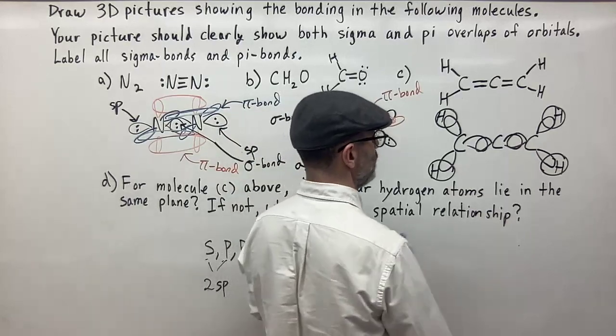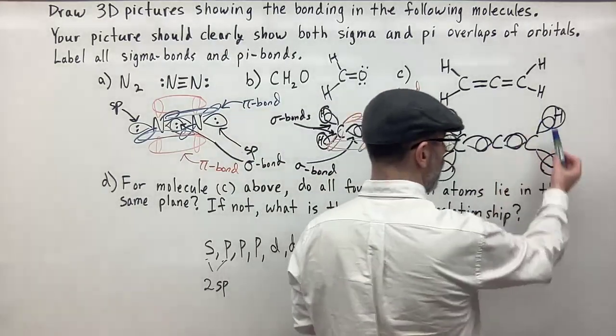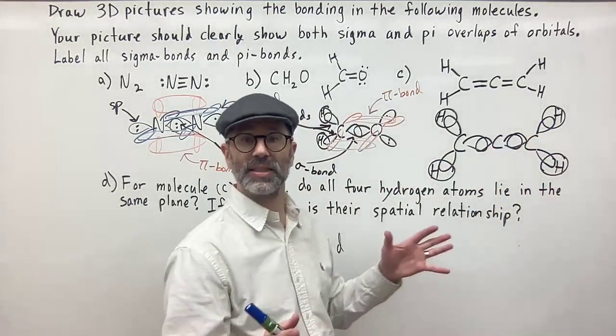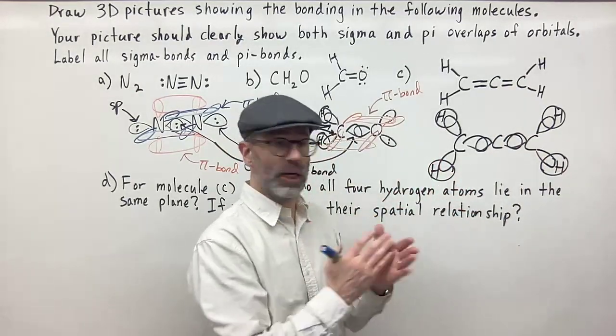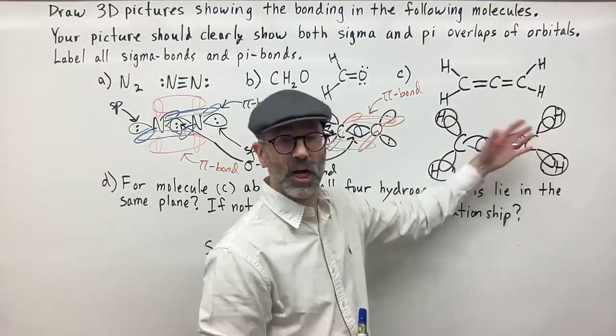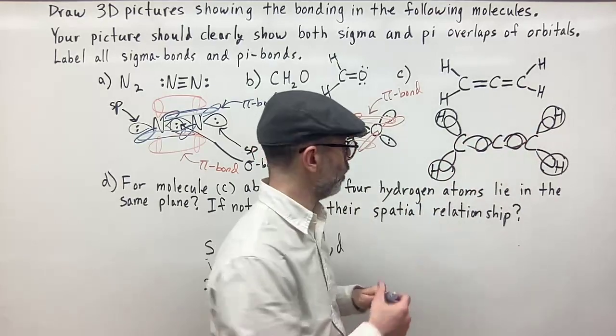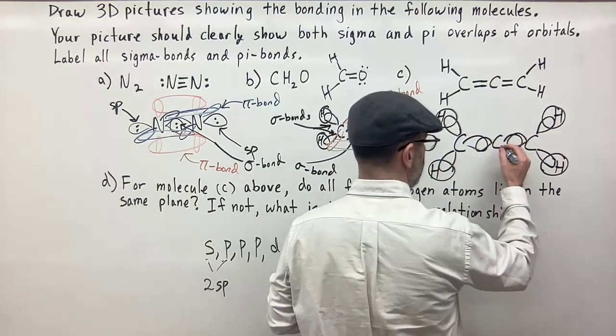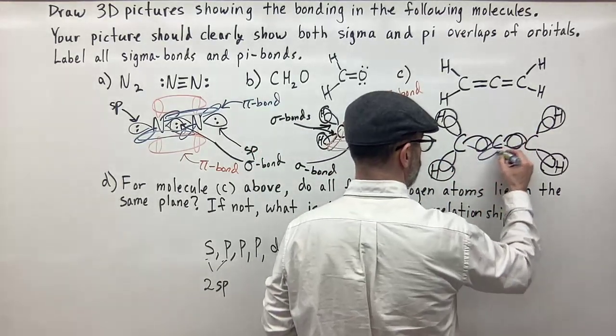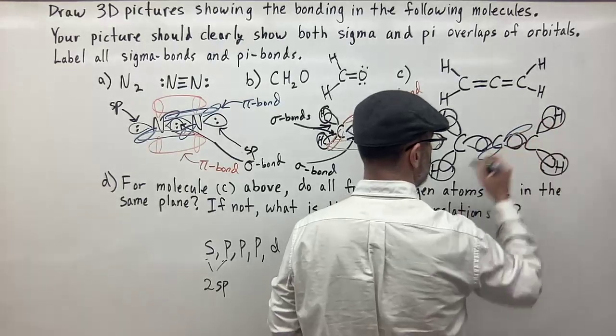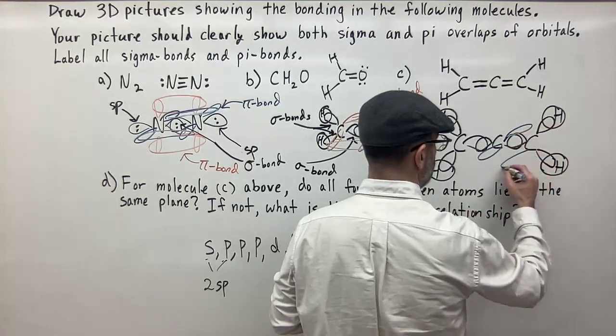So then that means that the unhybridized p orbitals that are overlapping are going to be perpendicular to this plane. So it's going to come out of the board and into the board. So again, I'm going to try to draw that the best I can. So I'm going to do that this way, like so.